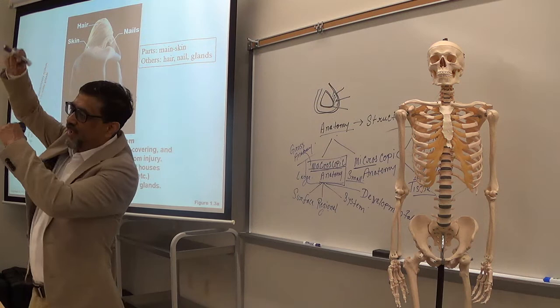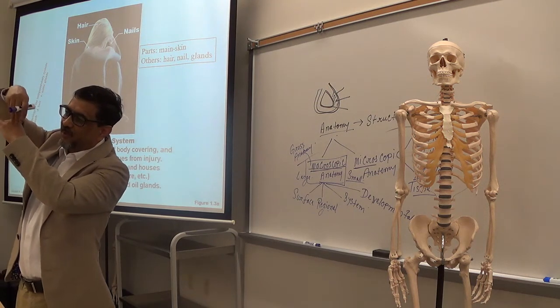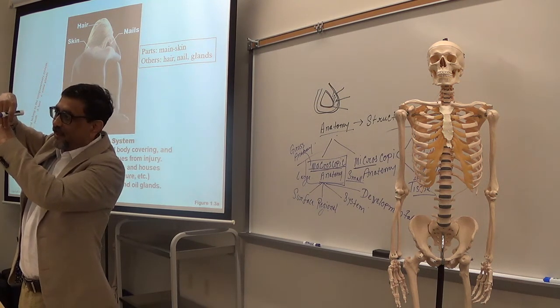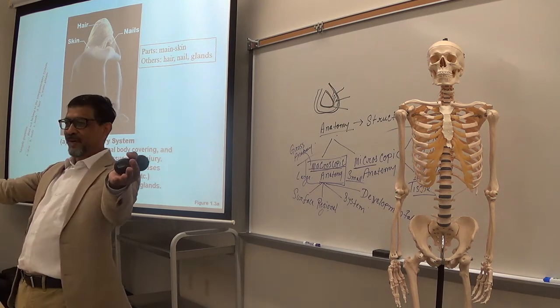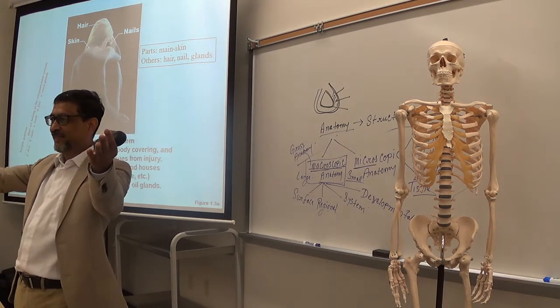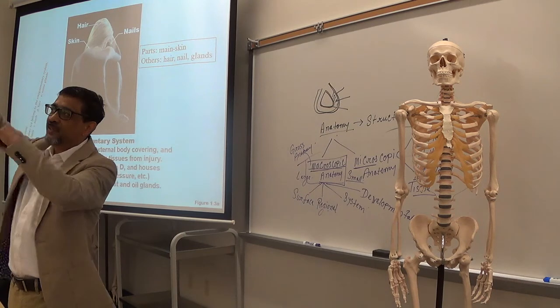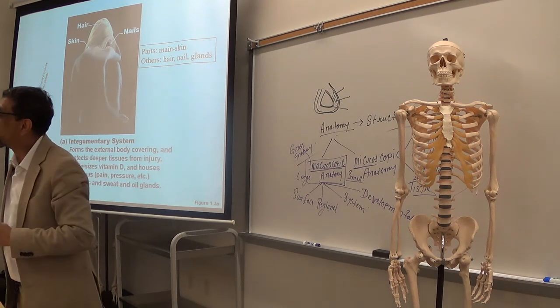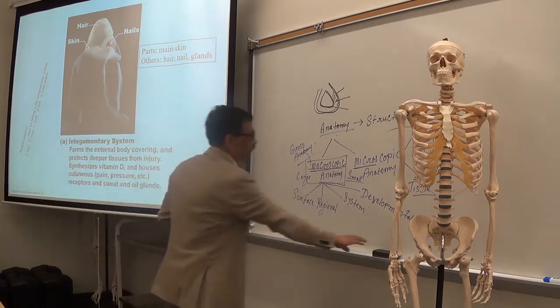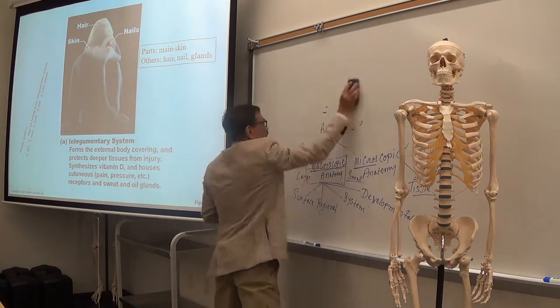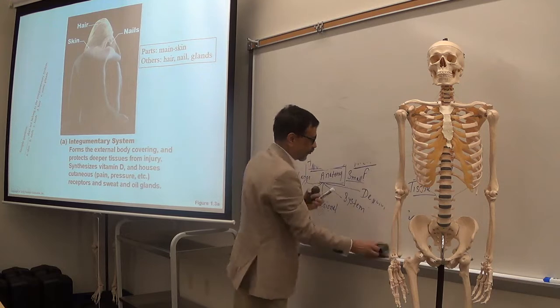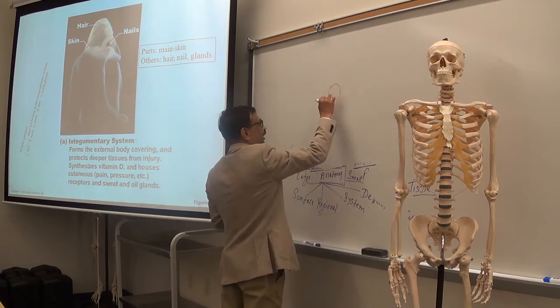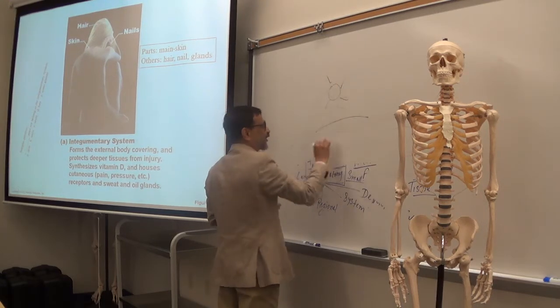When sunlight falls on the skin, that's why some people lie under the sun for a long time, right? When sunlight falls on your skin, skin produces a chemical with the help of sunlight. So this is the sun. Here this is the skin.